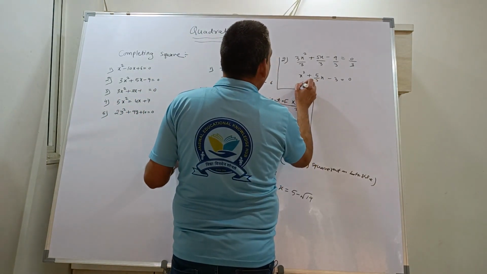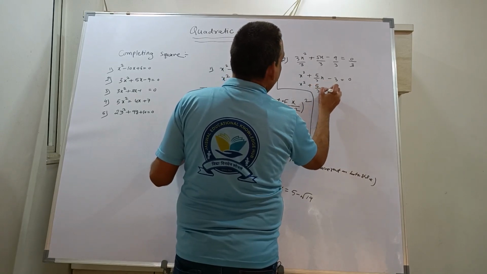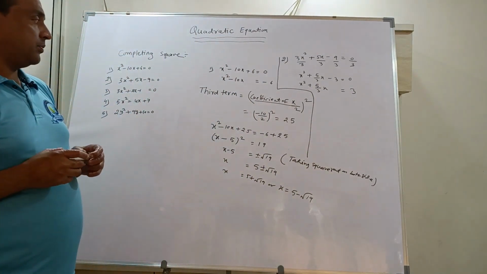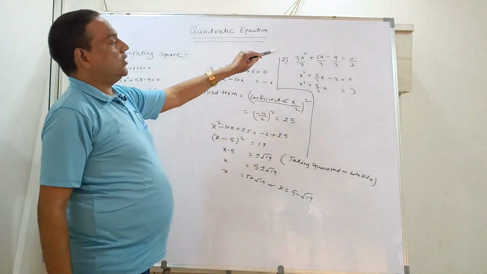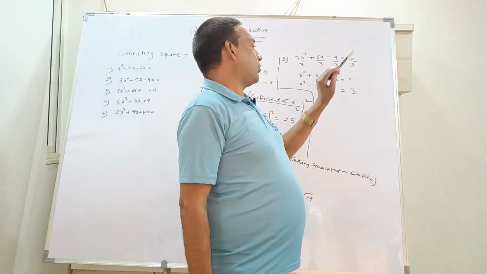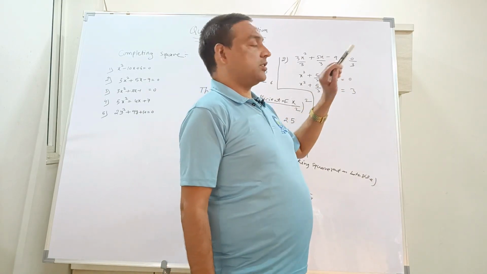So now we have x square plus 5 upon 3x is equal to 3. Clear? Step by step: first step is, whatever number is given before x square, we divide throughout the equation, and then whatever constant number is given, we take to the other side.